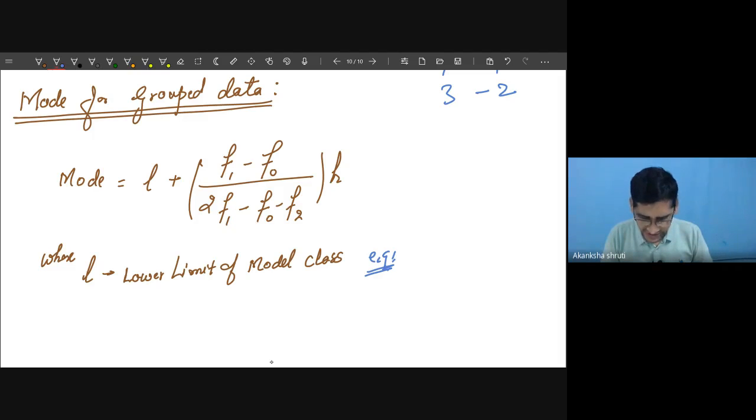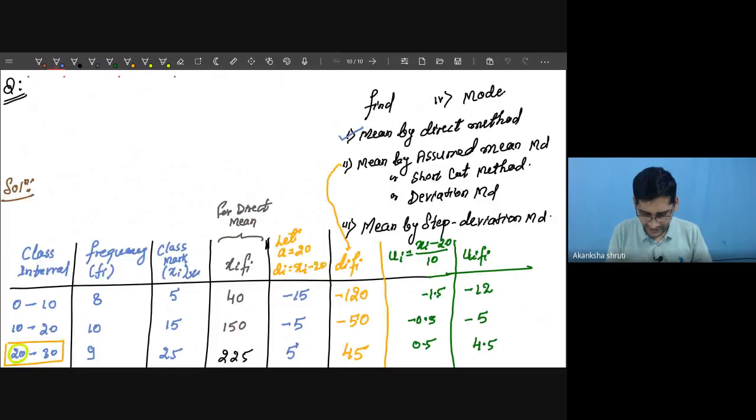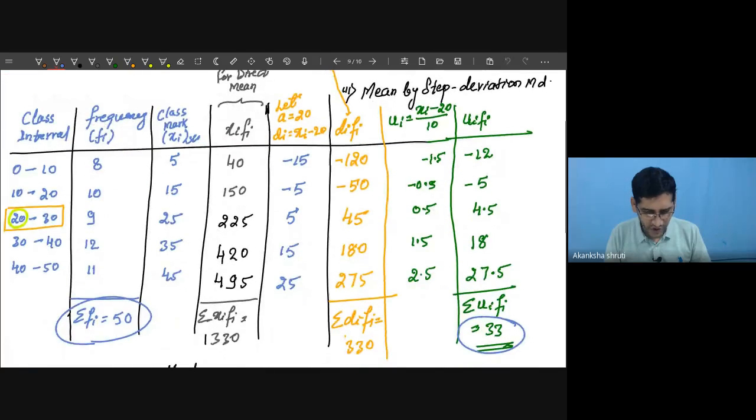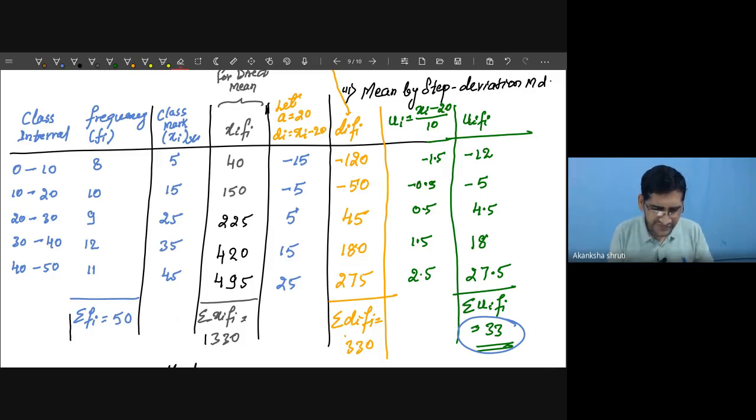So for understanding this L, let us go back to the question that we were solving. For this, here we have to first observe which kind of observation we need to do. First, we need to do the frequency. Okay, student?